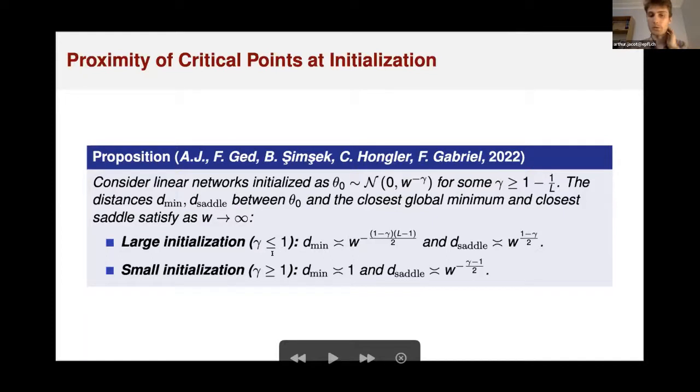The mean field regime would be the critical one, when gamma is equal to 1, essentially. In this regime, the distance to the closest saddle and closest global minimum both are constant. So it's not clear whether the training is going to be dominated by saddles or global minimum. But in this presentation, I will only talk about these two different phases: gamma strictly smaller than 1 and gamma strictly bigger than 1.